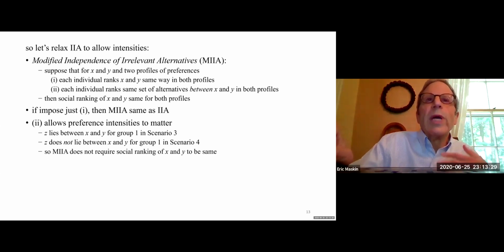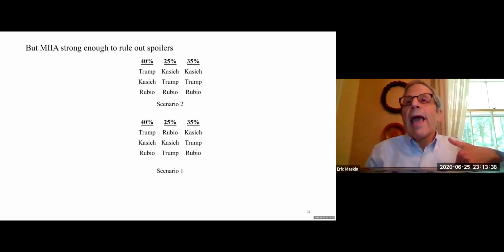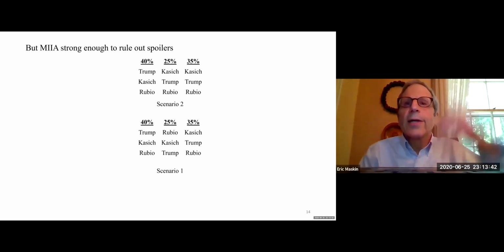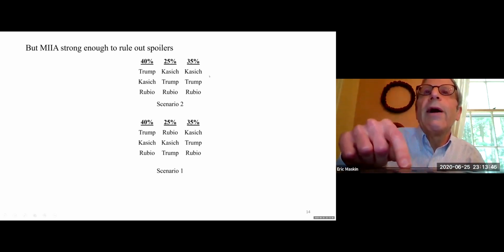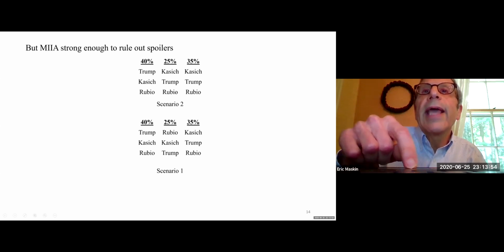So with modified IIA, we do get the ability to take into account preference intensity, and we can still rule out spoilers, because if we go back to scenario 1 and scenario 2, remember that with plurality rule, Trump won in scenario 1, and Kasich wins in scenario 2.